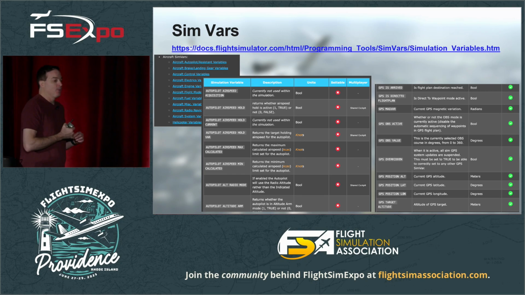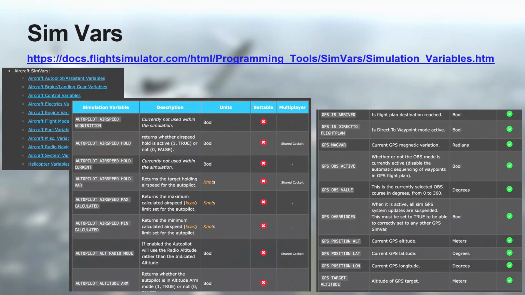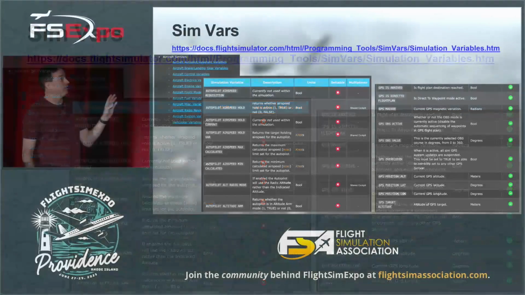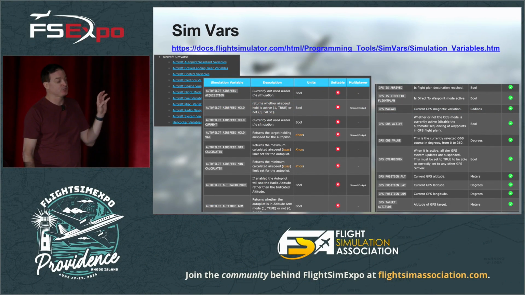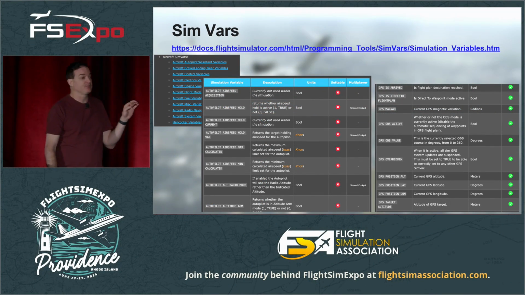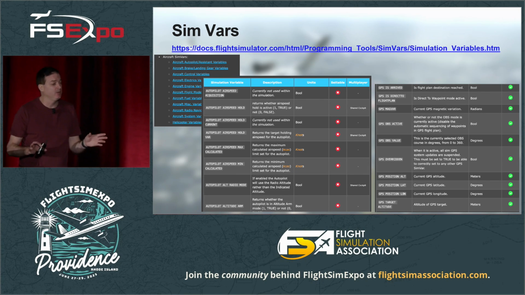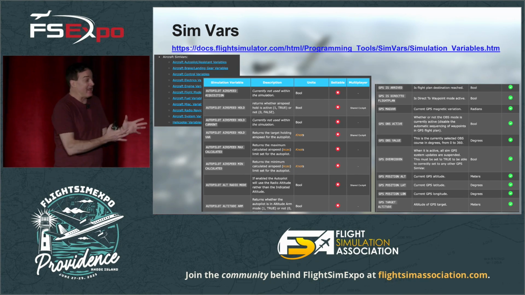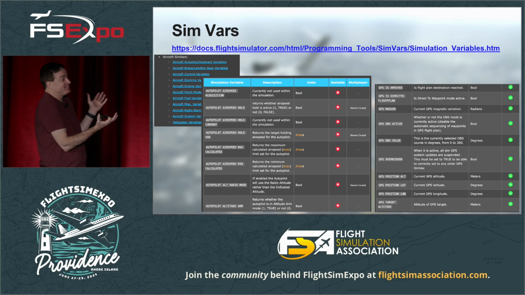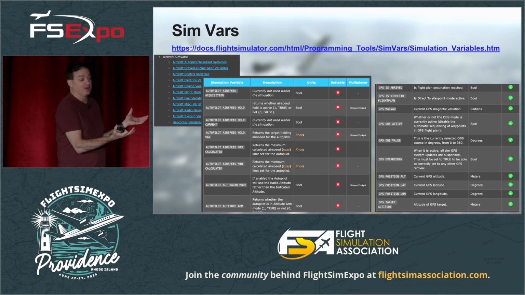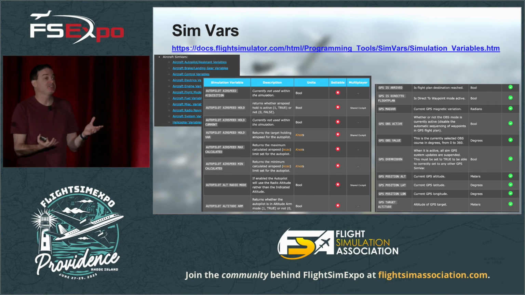One of the other tools you have at your disposal that's really nice is the documentation. They list all this out. Obviously, developers need to read it, but as a user, I go here a lot because it's easy to search. I can search for things in a GPS category, in a radio category, whatever it may be, and it's going to tell you, this is what this AVAR does, this is the information it's giving you.